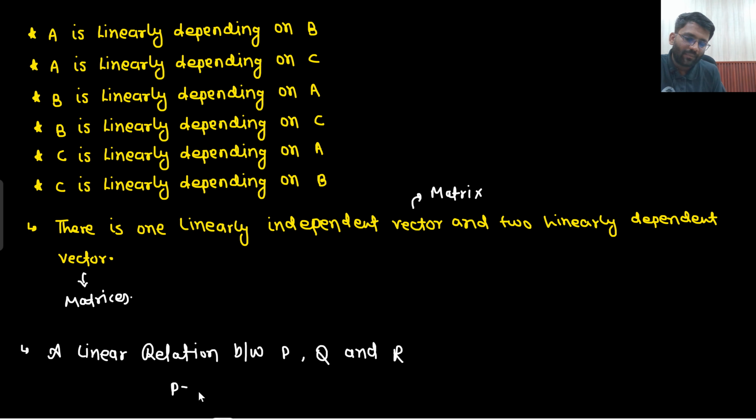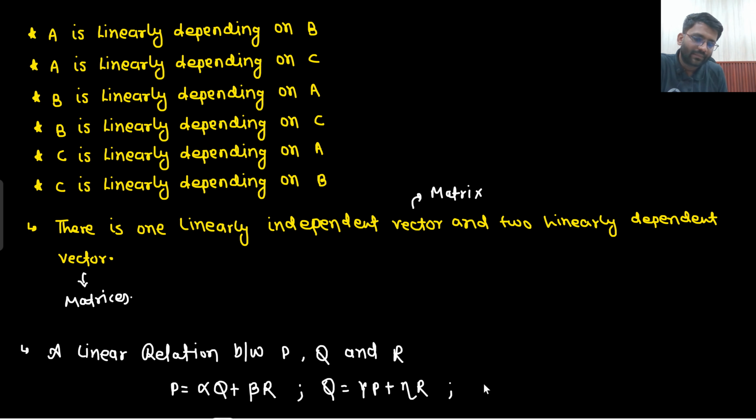Yes sir, it would be P equals 2Q plus 3R, or I can simply write P equals alpha Q plus beta R, or Q equals gamma P plus delta R, or R equals AP plus BQ. So this is known as a linear relation between P, Q and R.